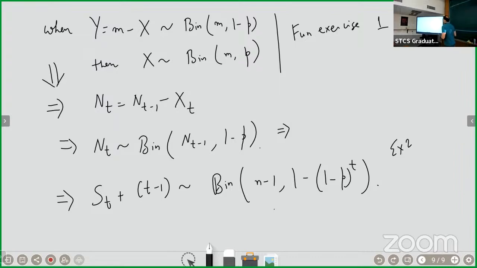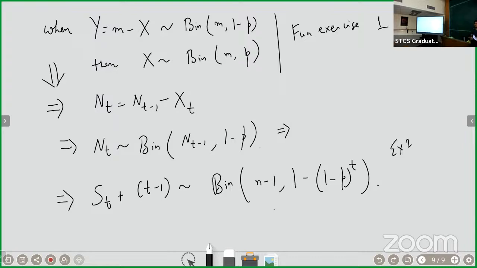So you are given that St plus t minus 1 is binomially distributed with n minus 1 and this parameter. Now all you have to show is that the connected component of the process doesn't have size larger than A times log n. There's no dominance needed. So can somebody sketch what we will do? Now St is directly connected to the connected component. What is the relationship? If the connected component is larger than t, then S of t is greater than 0.